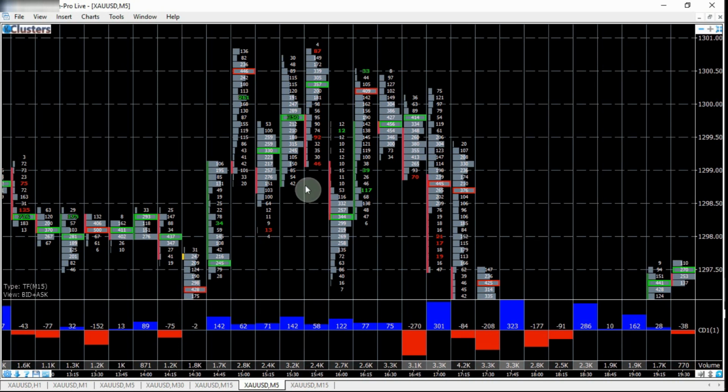So this candle came up and it auctioned as a balance area. And what that means is that there was a lot of two-way auction. There were a lot of sellers meeting those buyers. There aren't just buyers taking control, taking liquidity, and moving price up.